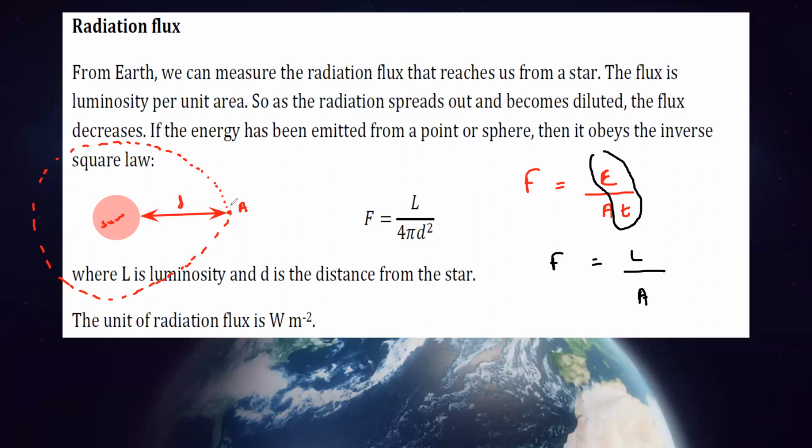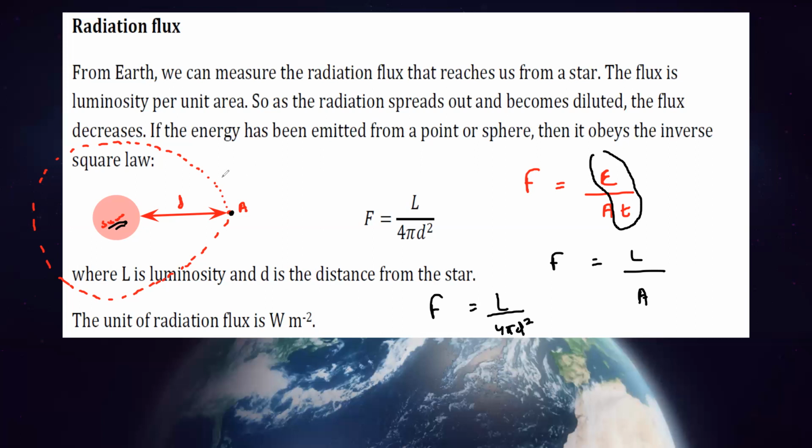So how to work out that area? Because it will make a perfect sphere, the area will be 4 pi r square. So we can say flux is equal to luminosity, the power of the star, divided by 4 pi r square, or we can say d square, where d is the distance between the star and the object which is observing the star.